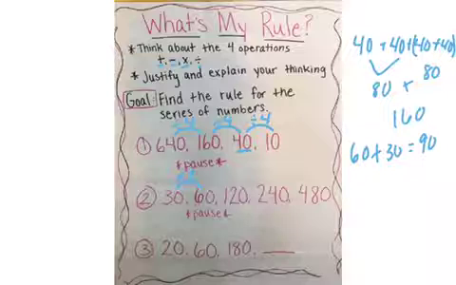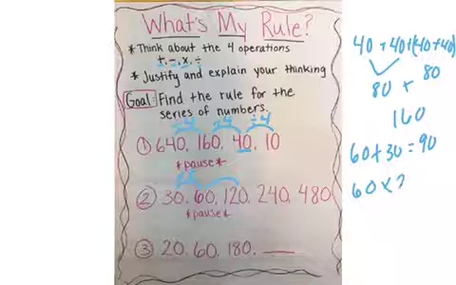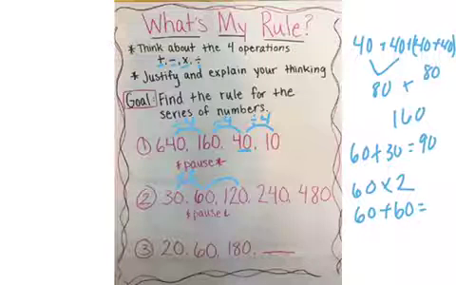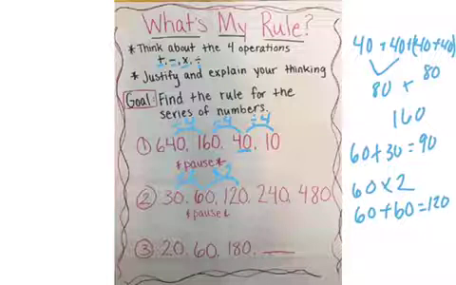I wonder if it would work if I went from 60 to 120. Well, what is 60 times 2, or 2 groups of 60? So if I had 2 groups of 60, would that get me 120? Yes. So 60 times 2 would be 120. Let's see if this pattern, this rule, will continue.